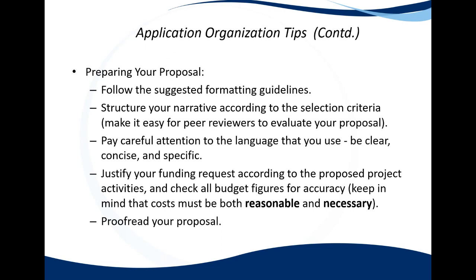Okay, I've already indicated: justify your funding request according to the proposed project activities, and check all budget figures for accuracy. Keep in mind that costs must be both reasonable and necessary.